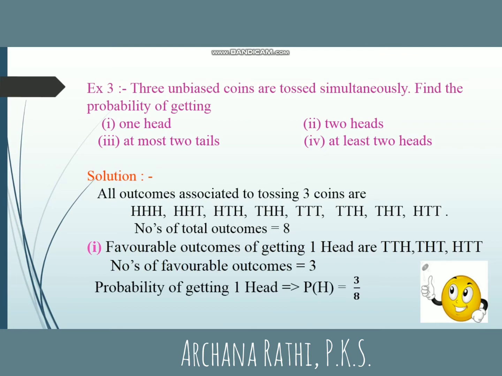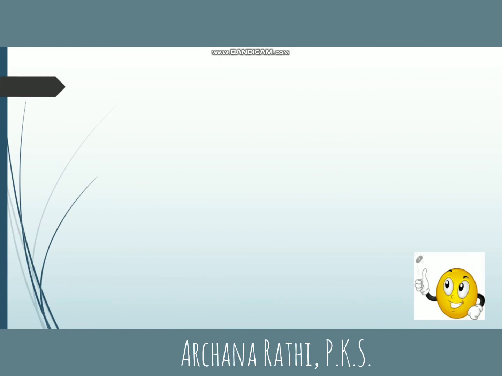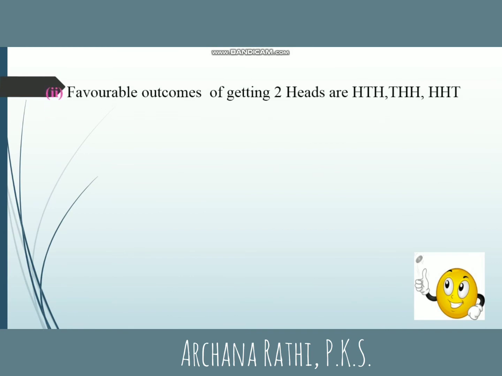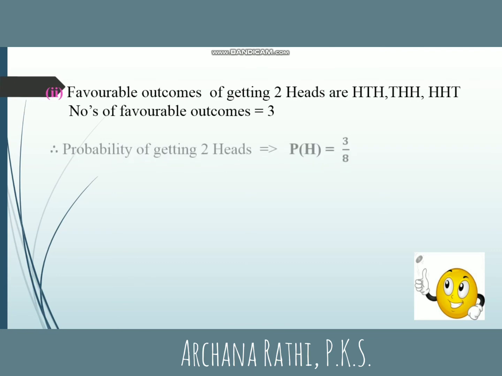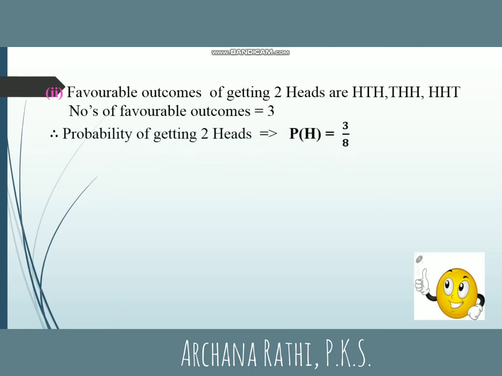Now the second one, favorable outcomes of getting 2 heads. Those are HTH, THH, HHT. Again the number of favorable outcomes is 3. The probability of getting 2 heads is denoted by P of H and equals 3 by 8. You can denote it by any letter, but capital P of some other letter.